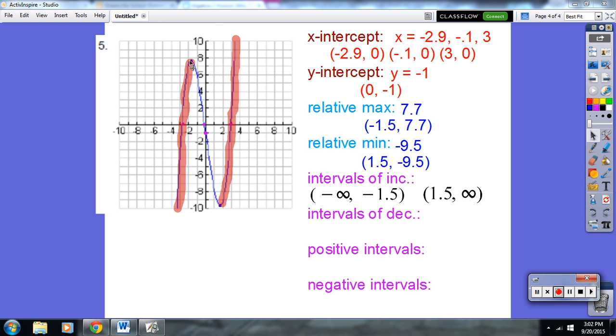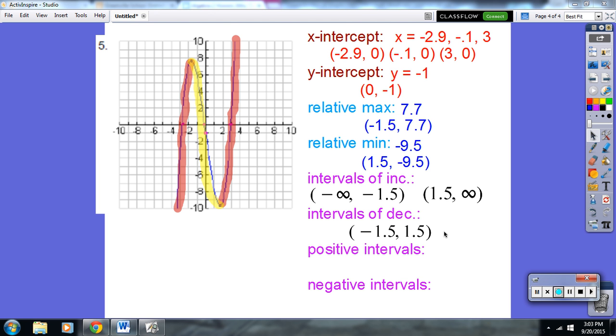That leaves this one piece in between, which would be your interval of decrease. It moves downhill, and it's sandwiched between the two increasing intervals. So its x values should match up with the two x values for my intervals of increase. It travels from negative 1.5 to positive 1.5, and so my interval of decrease would look like this.